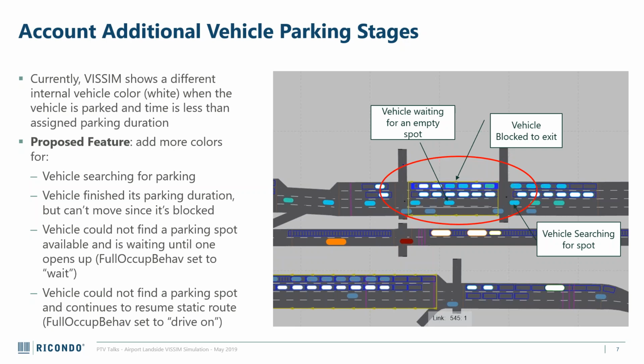That way, when we're looking at QA/QC in the model or reporting a result, we can see those different types of vehicles. Right now, unless you click on a vehicle, it's very difficult to see at a glance whether a vehicle is waiting, already stuck there, or searching. So it would be really useful for us to see the status of the vehicle in different colors.